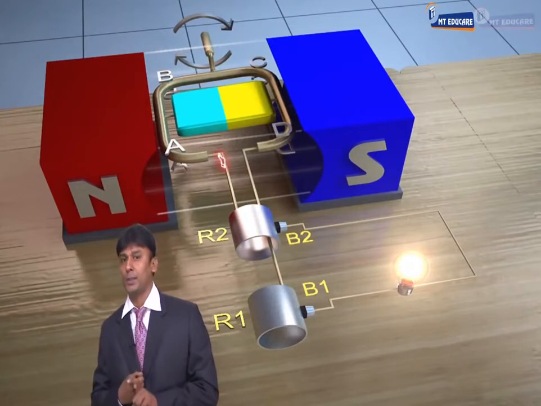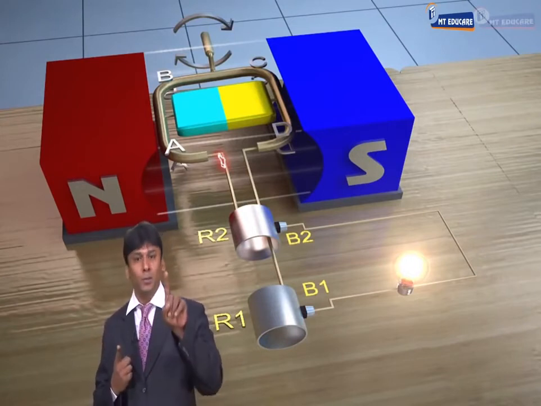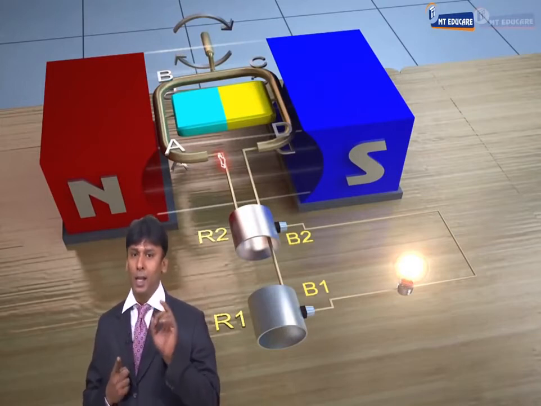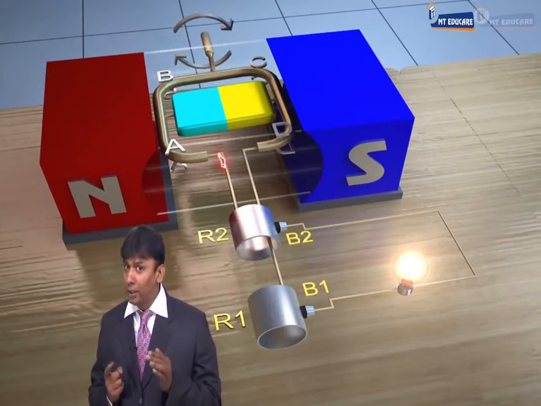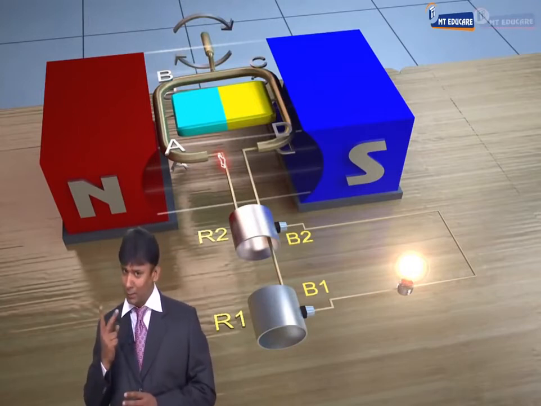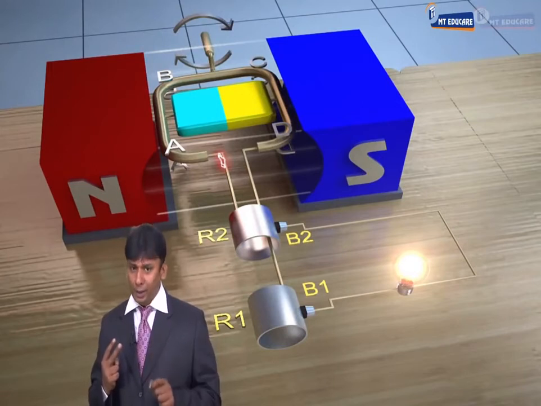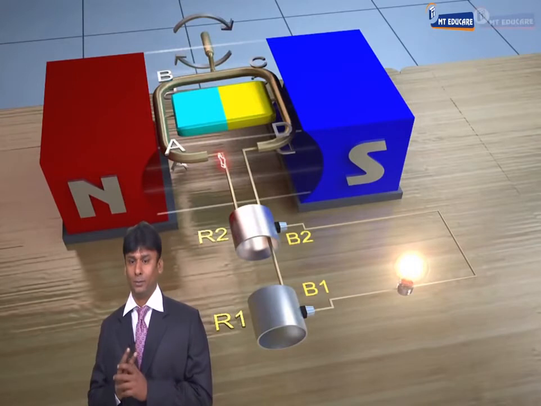The first point is, when armature coil ABCD is made to rotate in the magnetic field, it cuts the lines of force, and the changing magnetic field creates an induced current. Second point, the direction of the induced current is given by Fleming's right hand rule.